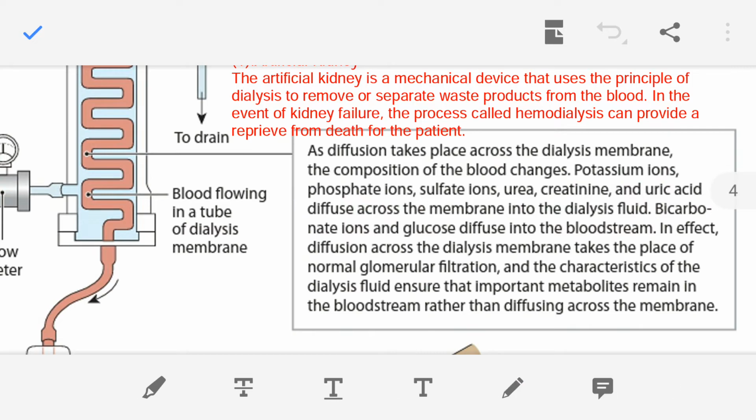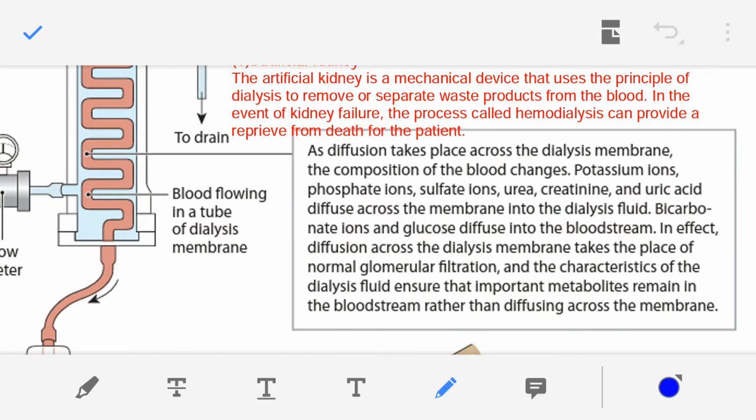Now when the patient is administered this dialysis process, when the doctors are preparing the dialysis fluid, they add bicarbonate ion and glucose to the dialysis fluid. In the patient's blood, there is a scarcity of bicarbonate ion and glucose.